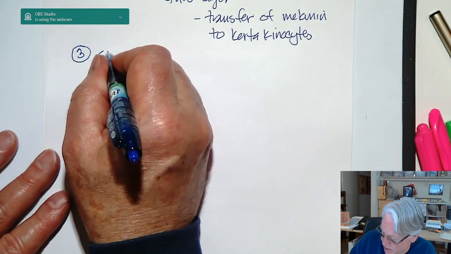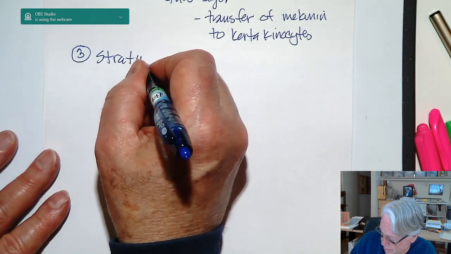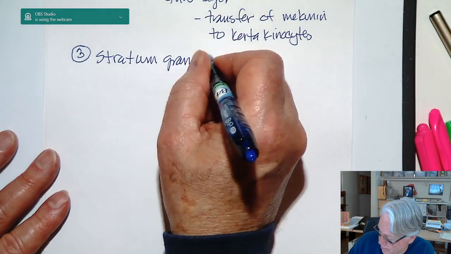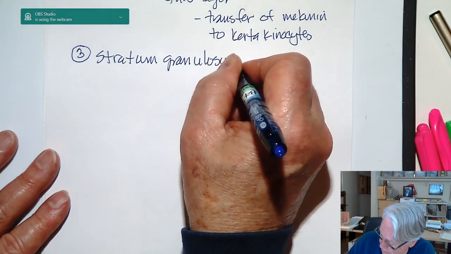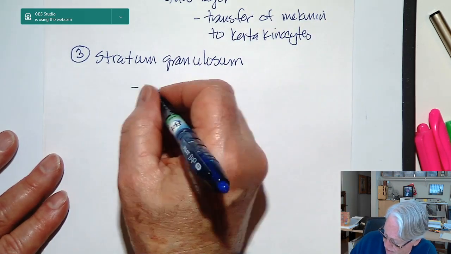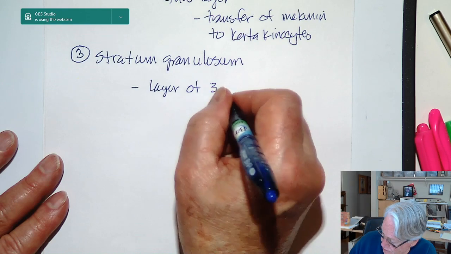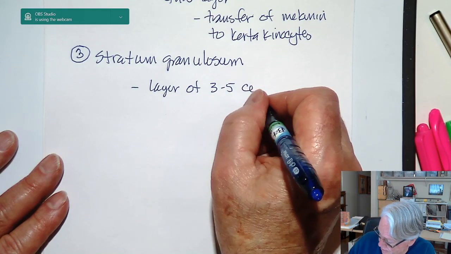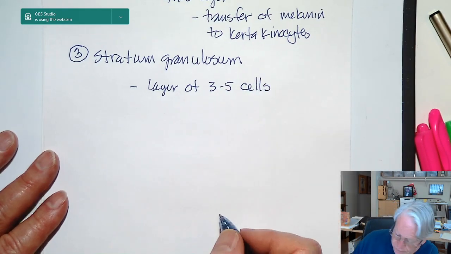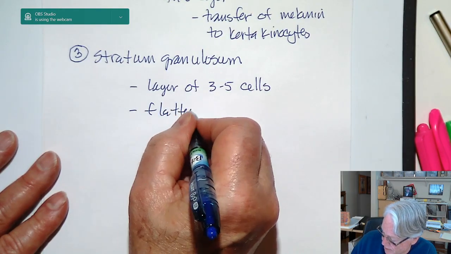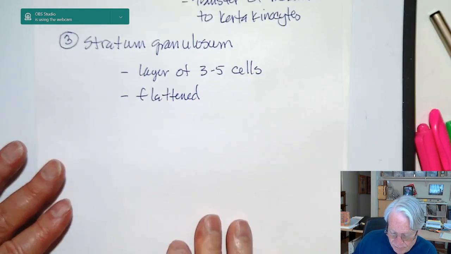And this is the stratum granulosum. And this is a layer of 3 to 5 cells. Okay. These cells are now becoming flattened. Okay.